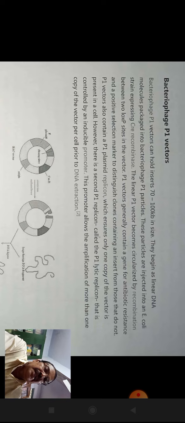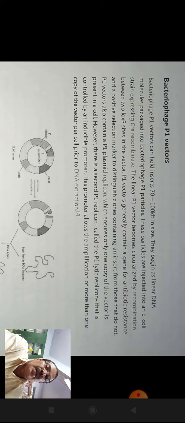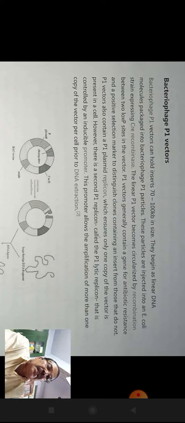The linear P1 vector becomes circularized by recombination between two loxP sites in the vector. P1 vectors generally contain a gene for antibiotic resistance and a positive selection marker to distinguish clones containing an insert from those that do not.